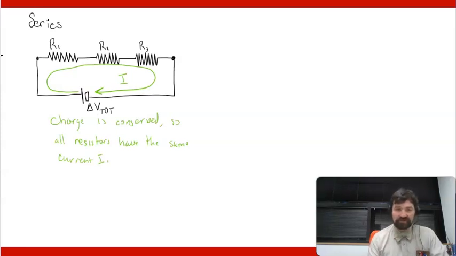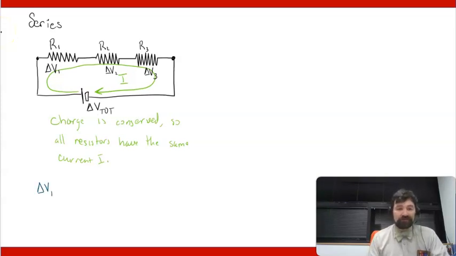Some more work is done getting it to move through this resistor, and some more work is done moving it through this resistor. That's another way of saying that I expect there to be a voltage drop here, another voltage drop here, and a third voltage drop for this resistor. And as I have other resistors, there might be additional ones.